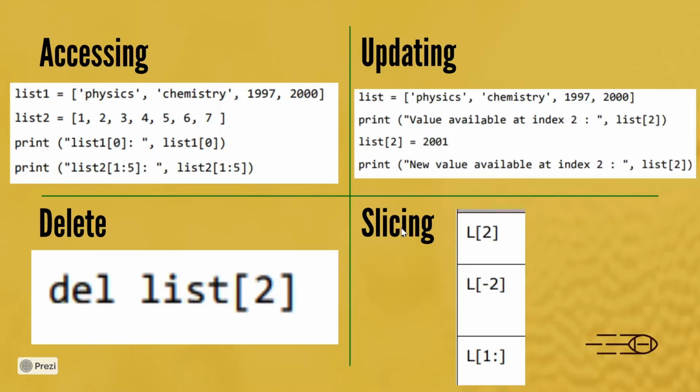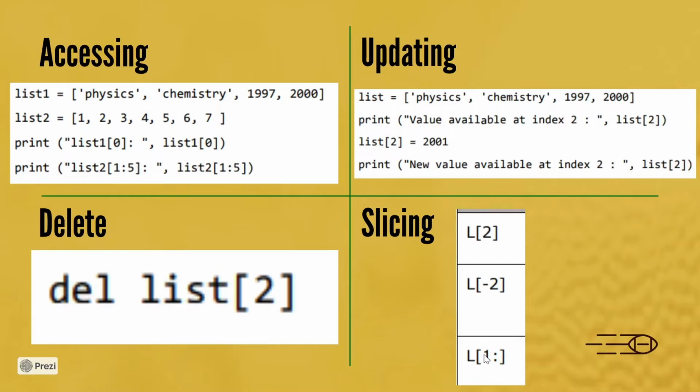In the end we have slicing of the list. Slicing of the list is very similar to the slicing of strings. So if you have already seen that video, you will easily be able to understand. The second position of this list is 1997. With negative indexing, 2000 is -1 and 1997 will be -2.